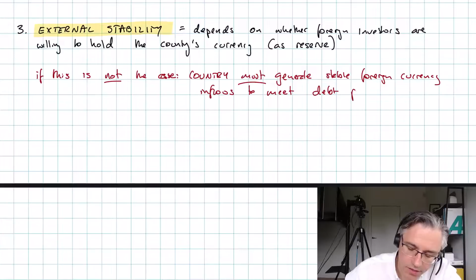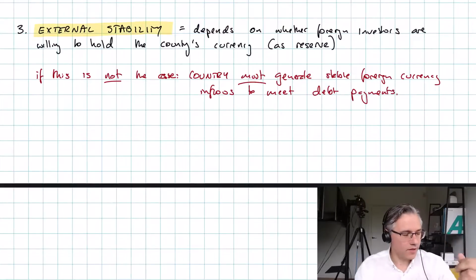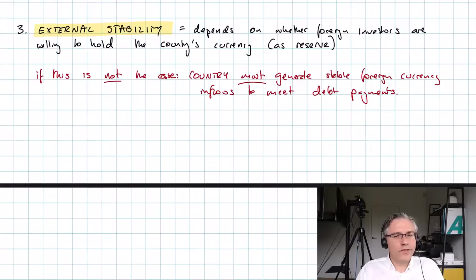Because the idea here is, if you think about a country whose currency is not readily exchangeable into other more major currencies, the only way it can tap into the global debt markets is by issuing external debt, which is targeted at foreign investors and denominated, let's say, in US dollars or the euro.